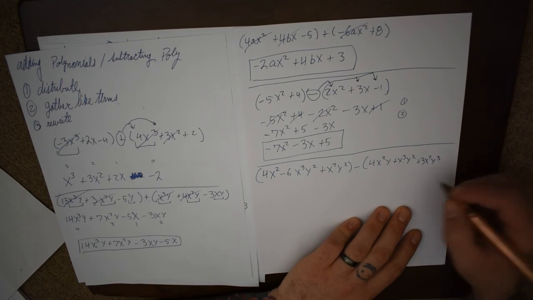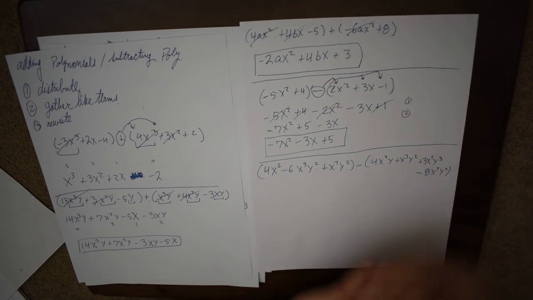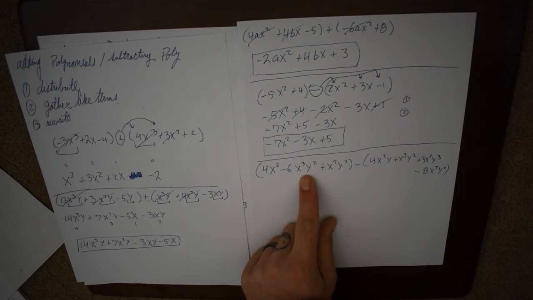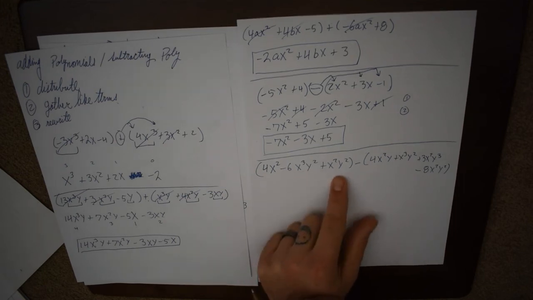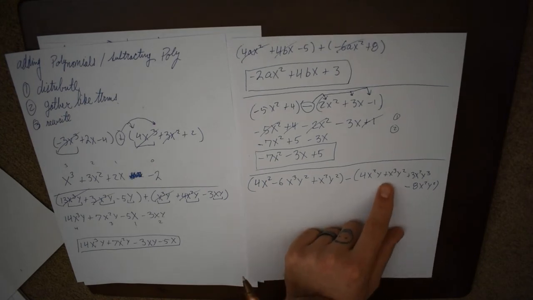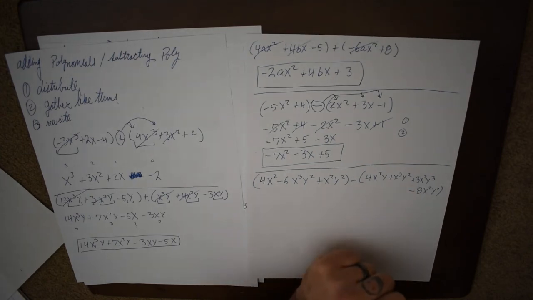Oh, ran out of space, and from that we would take away 8x squared y squared. So 4x squared minus 6x cubed y squared plus x squared y squared minus the quantity of 4x squared y plus x cubed y squared plus 3x squared y cubed minus 8x squared y squared.